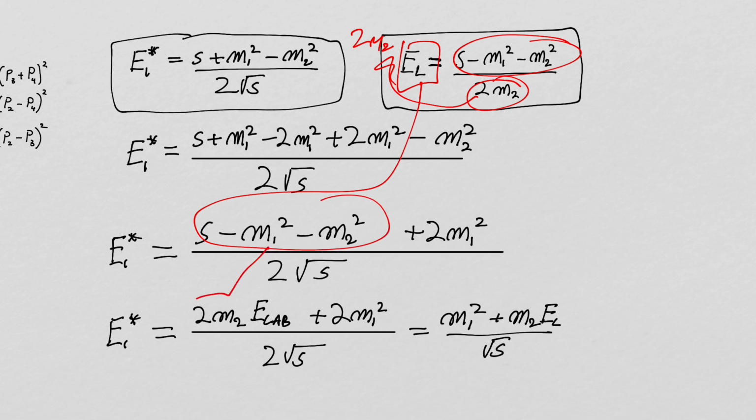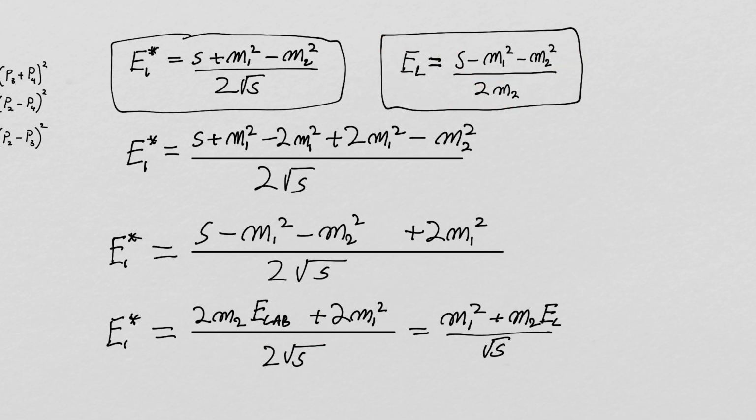So that's what this is, 2M2 E lab, substituted in, just like I said, and you get the 2M1 squared left over 2 square root S. And when you take this all apart, you clear out the 2's, you get the center of mass energy of the incident particle is a function of the lab energy of the incident particle. And everything that is part of that function is an invariant.